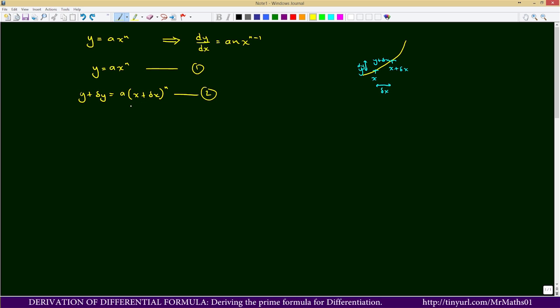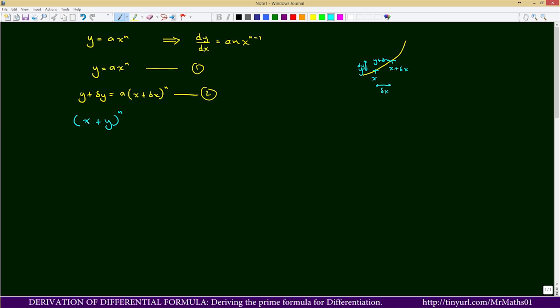Now we are going to perform binomial expansion of x plus delta x to the nth power, and I'm going to show you step by step the easy way. I'm going to choose a different color here: x plus y to the nth.